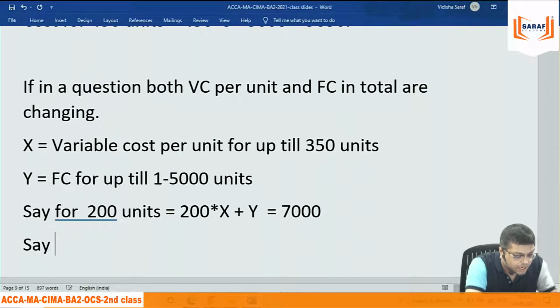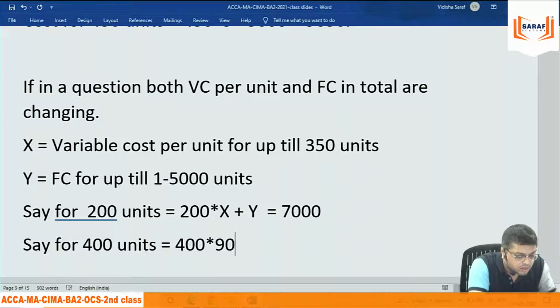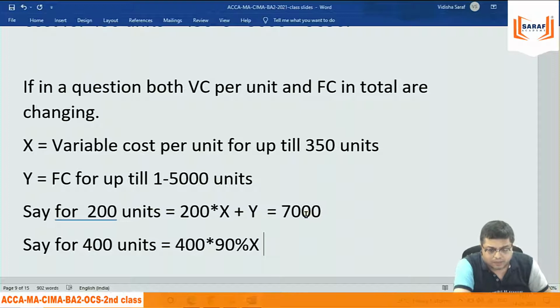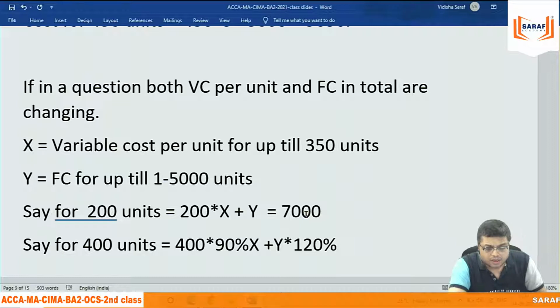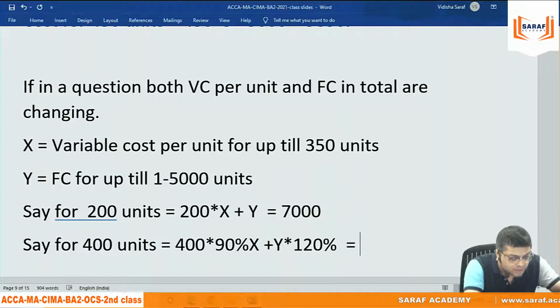Now say for 400 units, how much? 400 into 90% X, because whatever the per unit cost, that is 90%, 10% less. And Y into 120%, because for 400, say it is 20% more. What is the total figure?